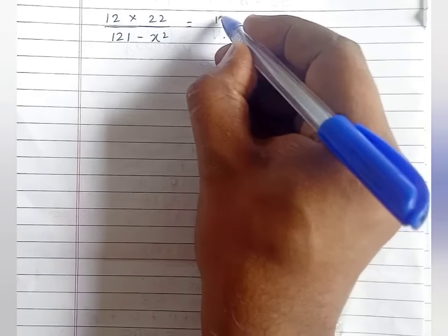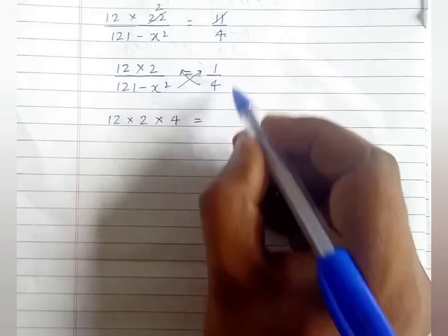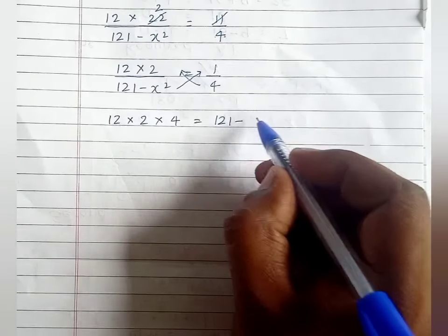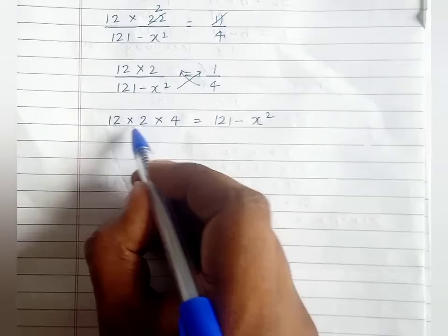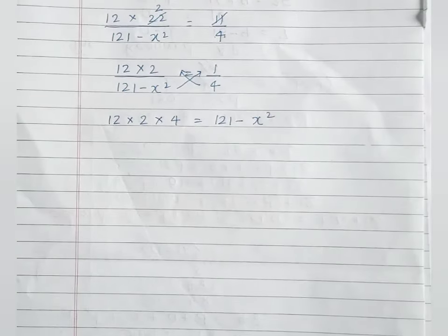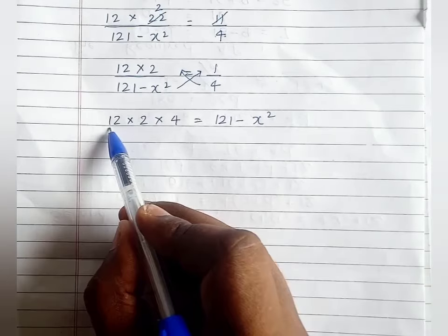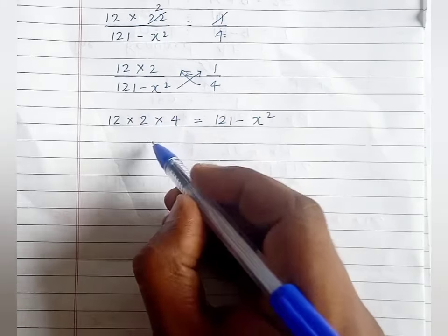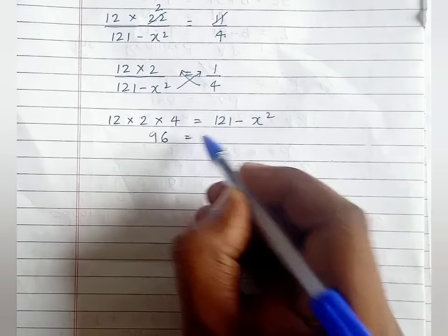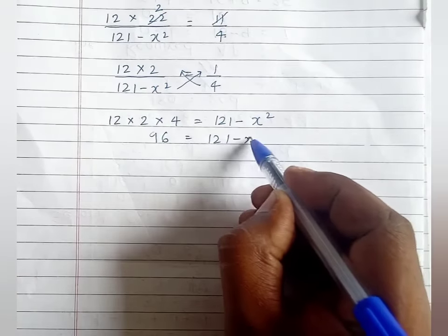Now do cross multiplication. What do we get? 12 into 2 into 4 equals 121 minus x square. Now 12 twos are 24, 24 fours are 96. So 96 equals 121 minus x square.